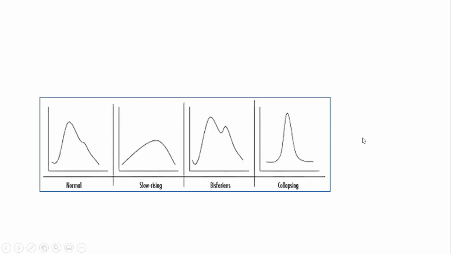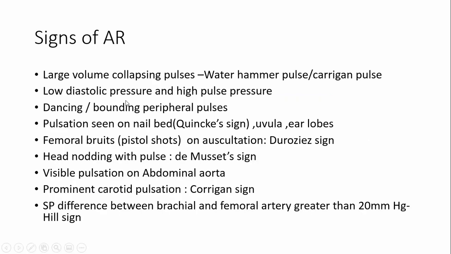This is called collapsing pulse or water hammer pulse, and the patient has very low diastolic pressure and high pulse pressure.